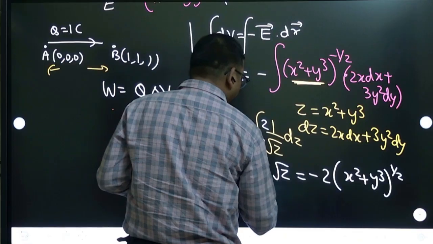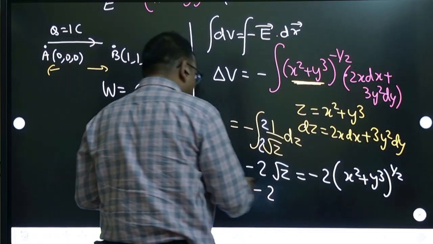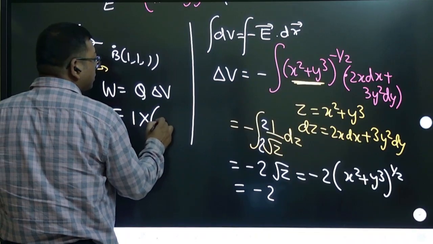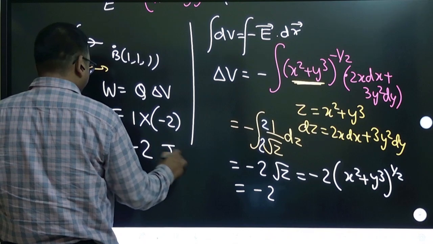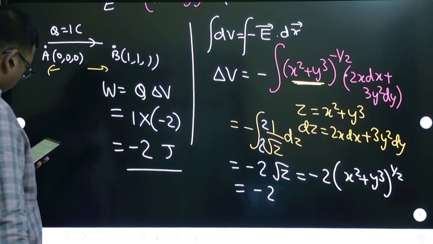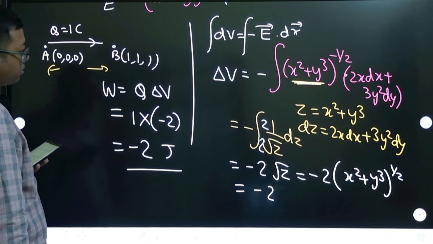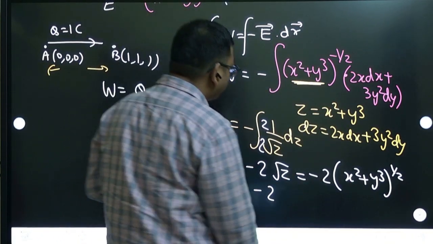So substitute the upper limit. 1, 1 will come, so it will come just 1 only. So this is minus 2 will come. Now you calculate, charge is 1 and voltage difference is minus 2, so minus 2 joule. Sorry, root of z is there.